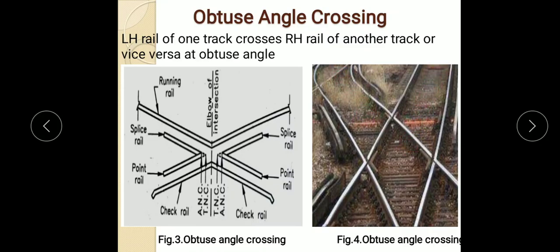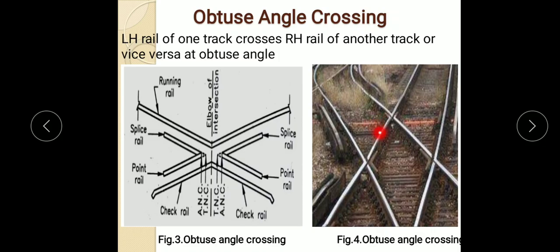In the last lecture itself, we had discussed how to identify the right hand component and left hand component. Here this is a V crossing, so you have to stand here. The components to your right hand are called a right hand turnout or right hand crossing, and the components to your left hand are called a left hand crossing or left hand turnouts or left hand switches or points.